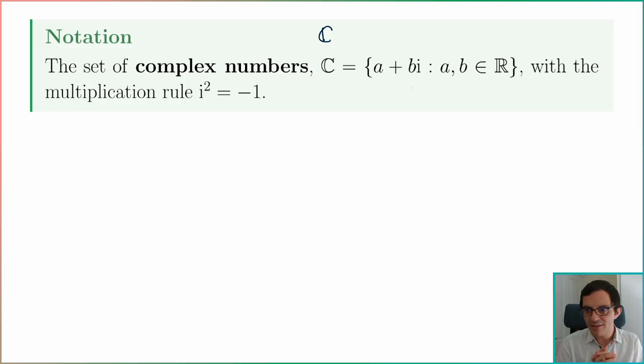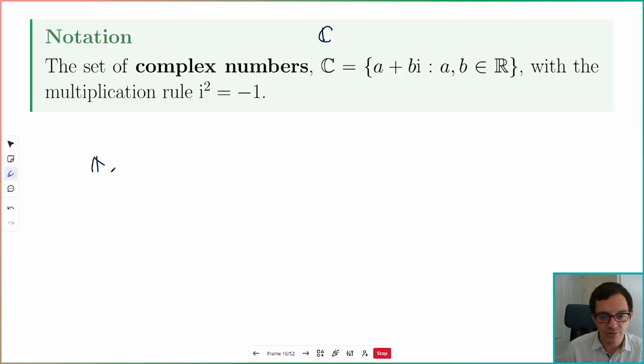Now, the hierarchy of these things is that I've been making the set larger each time. Each thing includes a new number. So the naturals are a subset of the integers. Let's write this out. The naturals are a subset of the integers. The integers are a subset of the rationals.